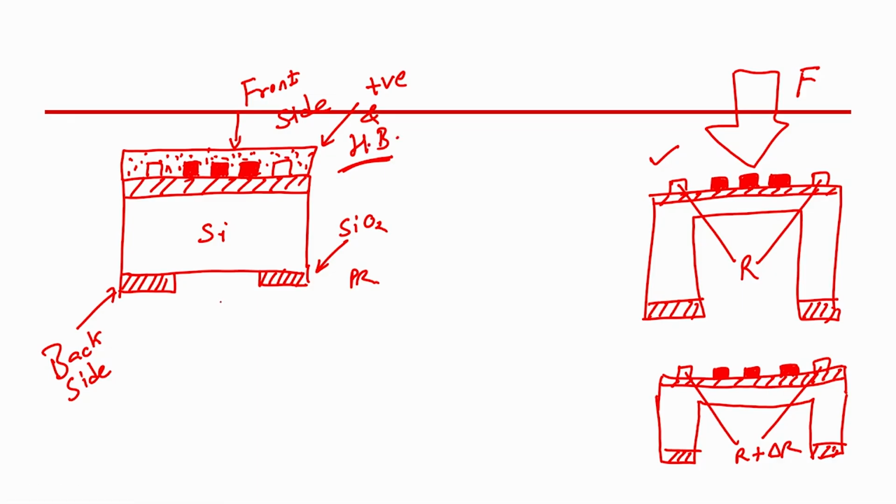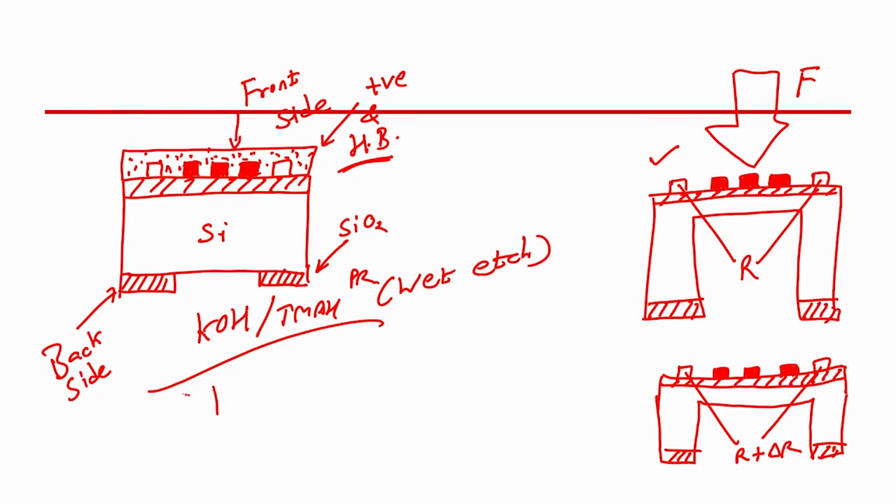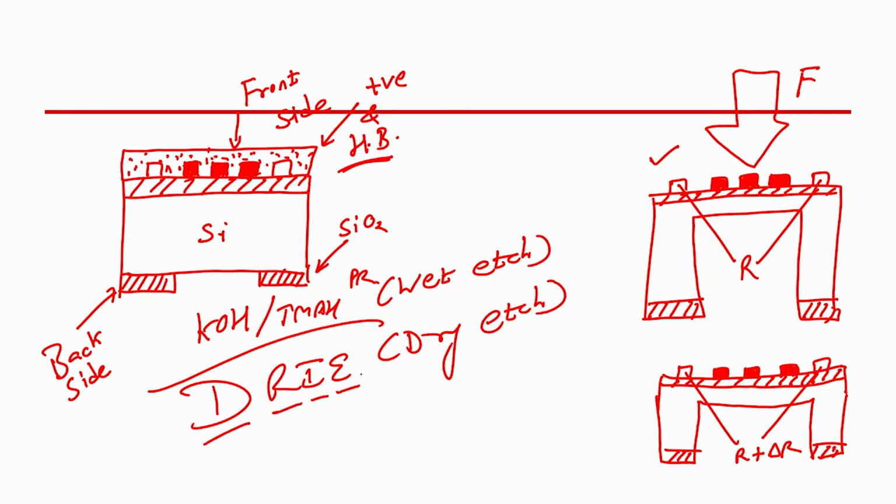Now I will either dip this wafer in KOH or TMAH, which is wet etching, or I will use DRIE, which is dry etching. DRIE stands for deep reactive ion etching.